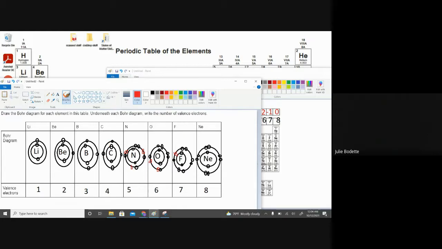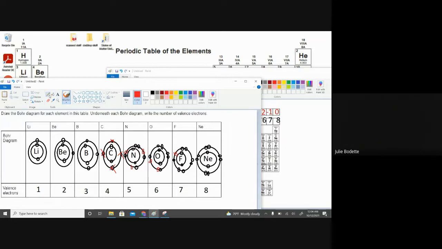So if carbon loses 4, right, this one's gone, this one's gone, this one's gone, this one's gone. So if we were to lose all 4, then the outer shell would be entirely empty, right? It would have lost everything in the outer shell, which means that this is no longer the outer shell because it's empty, right? So the next shell in becomes the outer shell.